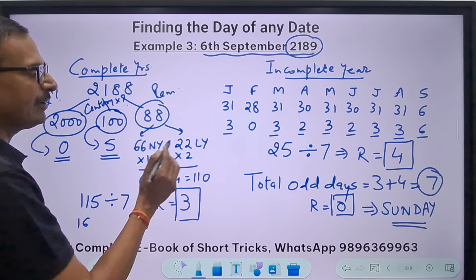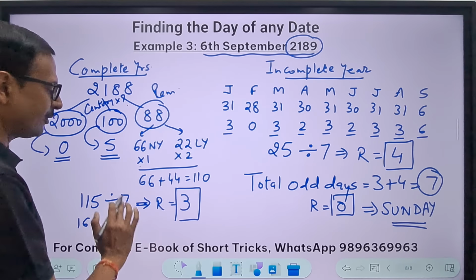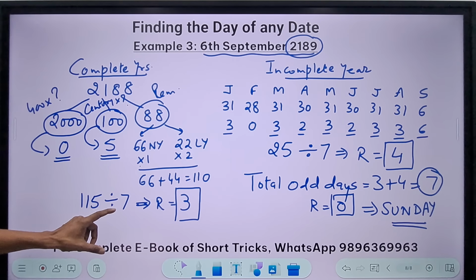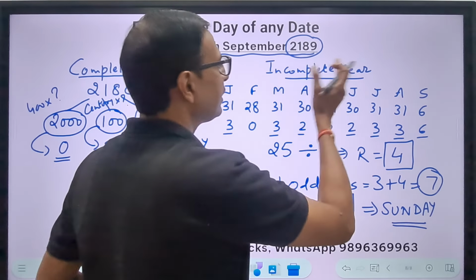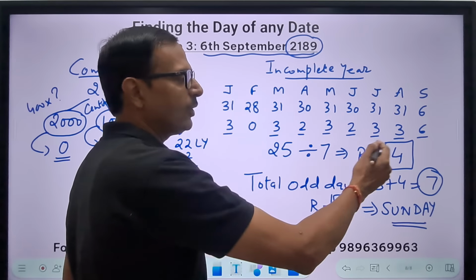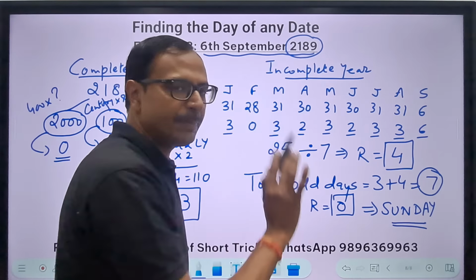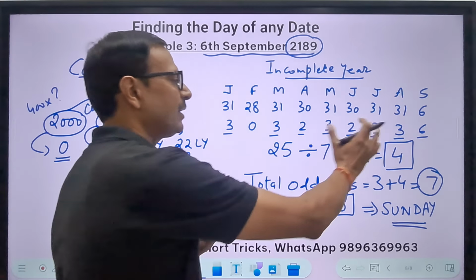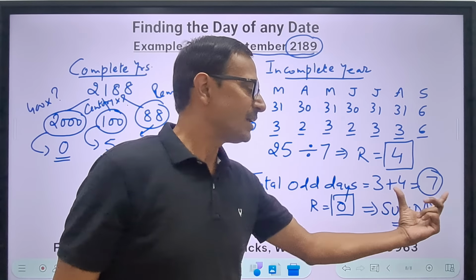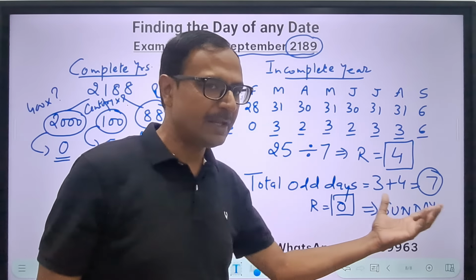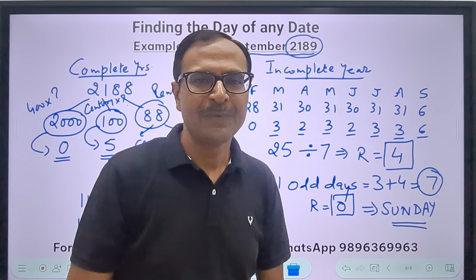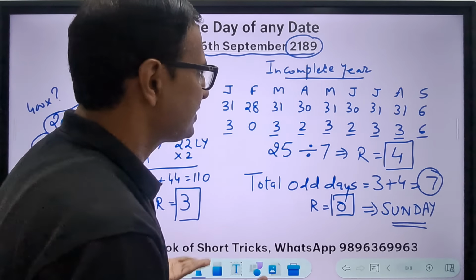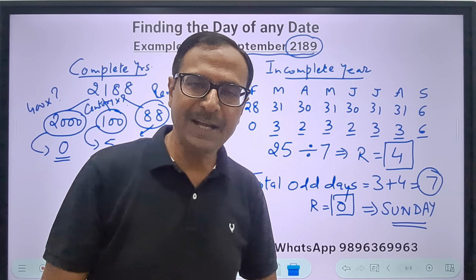Multiply normal years by 1, leap years by 2, find total number of odd days. If it exceeds 7, divide by 7 and find the remainder. And then take up the incomplete year and go month wise, find all the odd days, add them up. Incomplete and complete years, total number of odd days divided by 7, the remainder will give you the day of the date. So friends, this clarifies the concept of finding the day of any date.